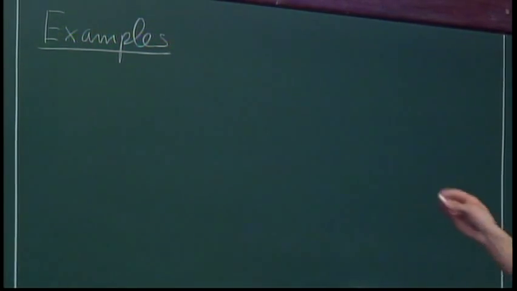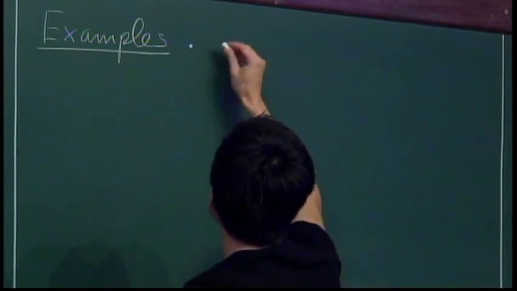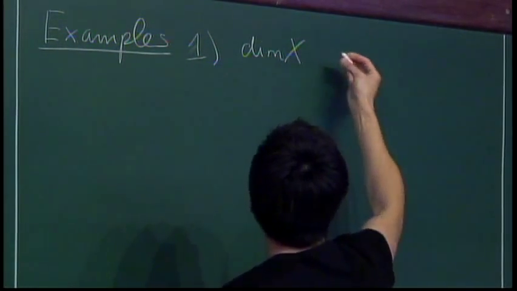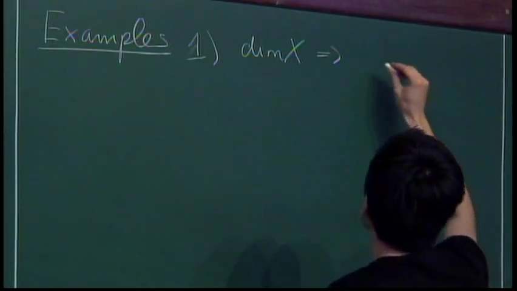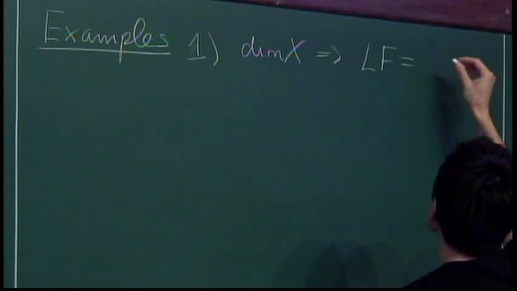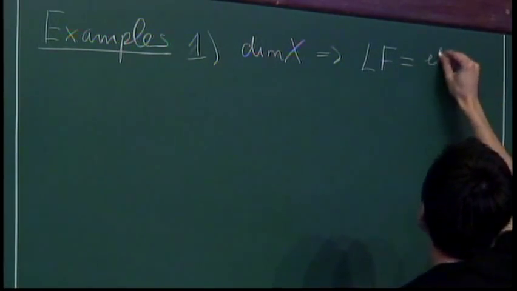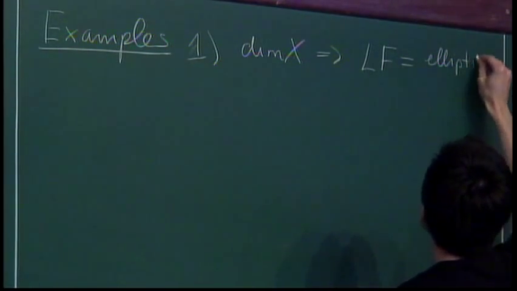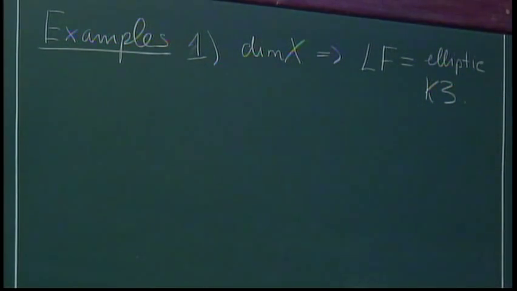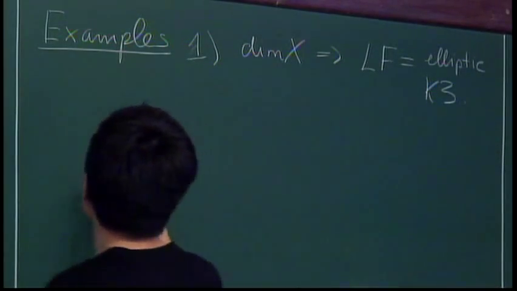And also here, the Lagrangian fibration is the same as an elliptic K3 surface. Yeah. So Lagrangian fibrations are the natural generalizations of elliptic K3 surfaces to higher dimensional total spaces.